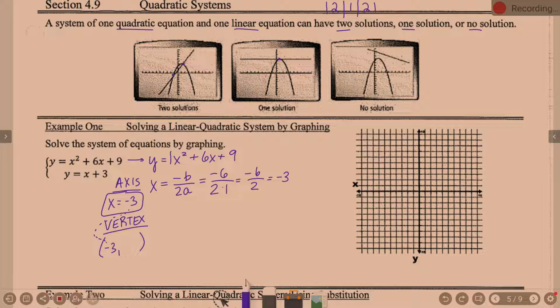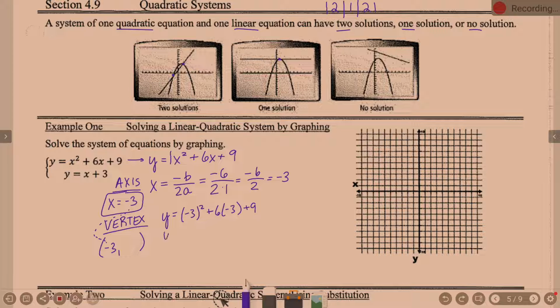So, plug the negative 3 into the original problem. So it's going to be negative 3 squared plus 6 times negative 3 plus 9.